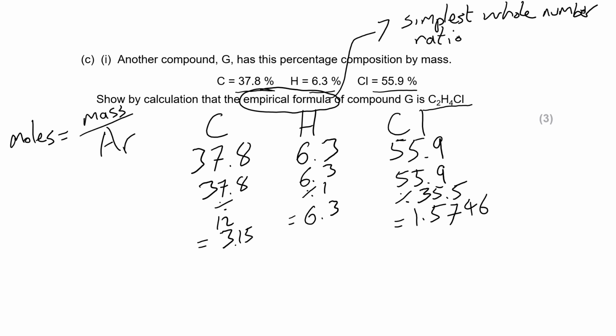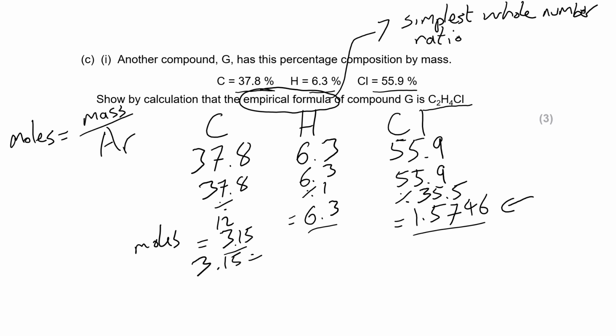I've got moles over here, but what I want is a whole number ratio. So the way to do that is to find the smallest of these three numbers, and that's obviously 1.5746. What you want to do is divide all of those numbers by the smallest number, and that's what we're going to do first.